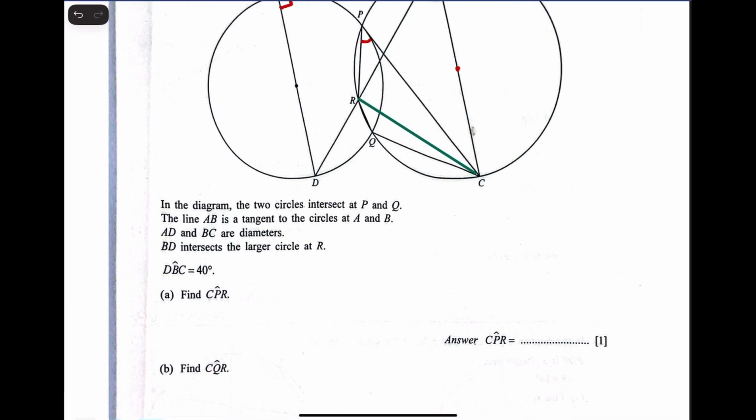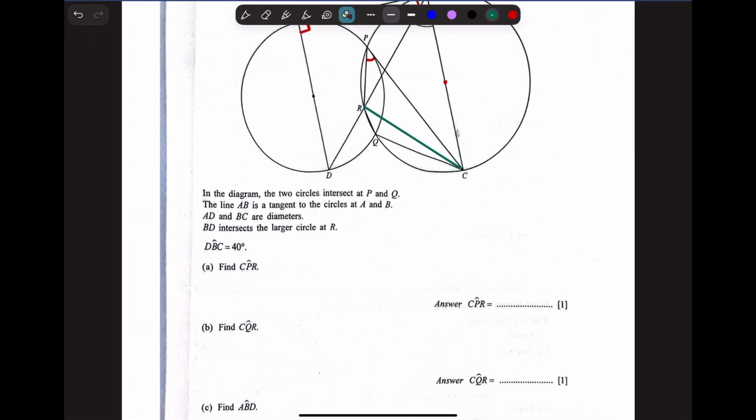So CPR is going to be 40. Let's write this down here.